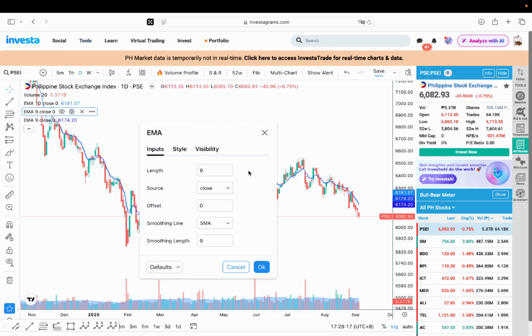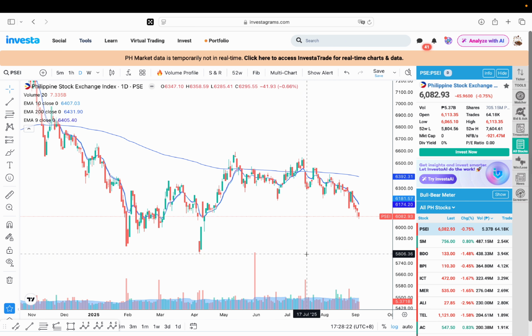Whereas if I set this to 200, for example, it calculates the average price of the stock for the past 200 days, or basically 1 year, right? Considering that we didn't include the holidays and also non-trading days.